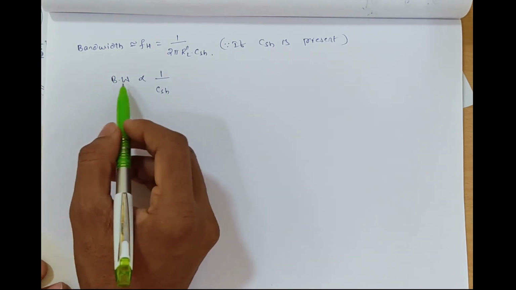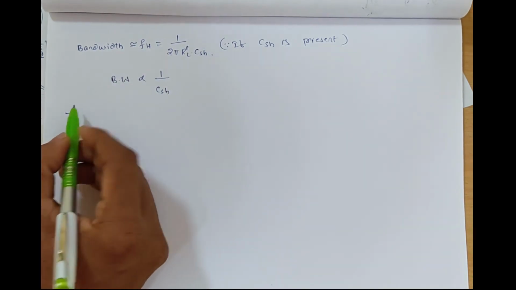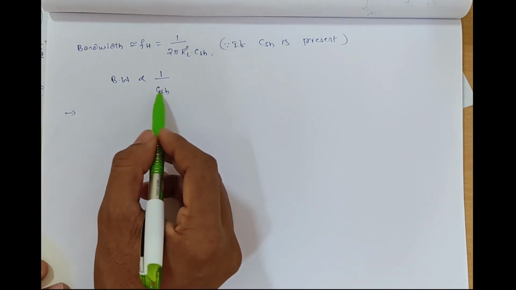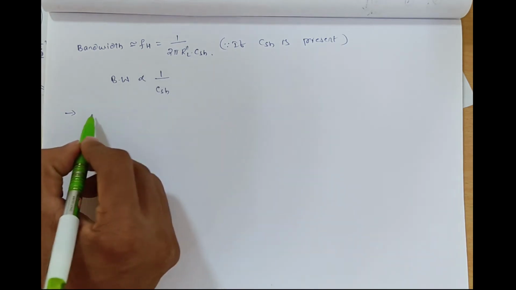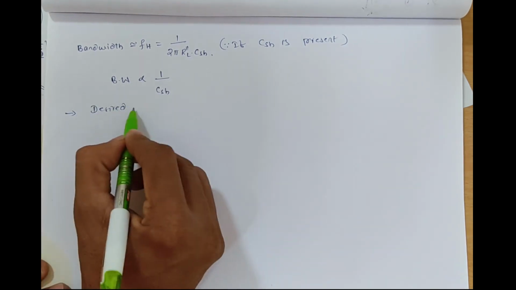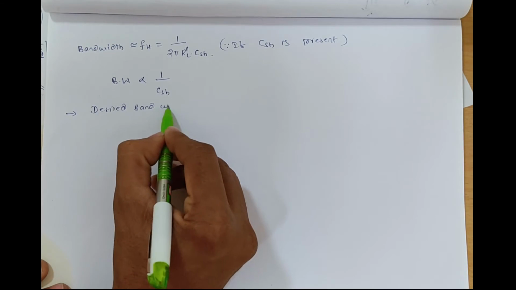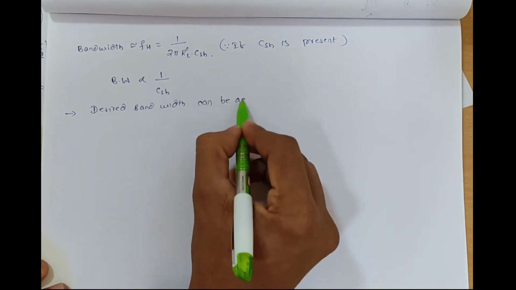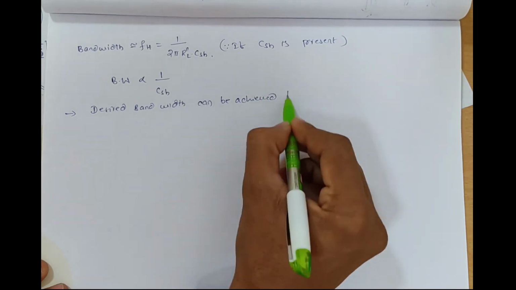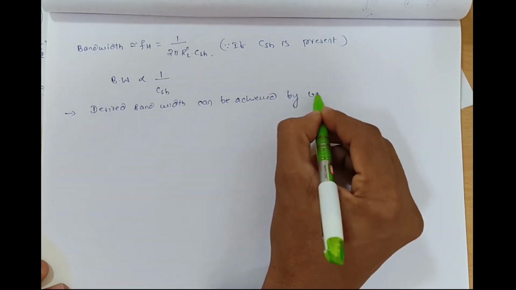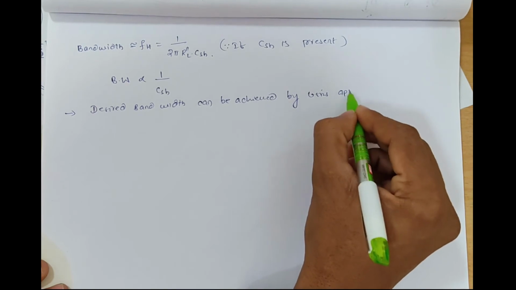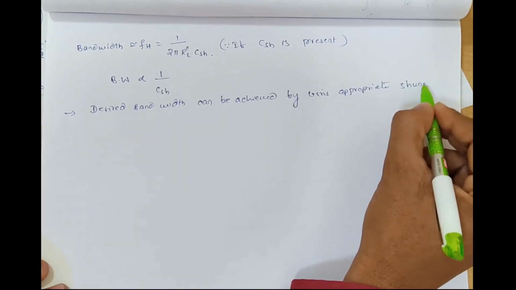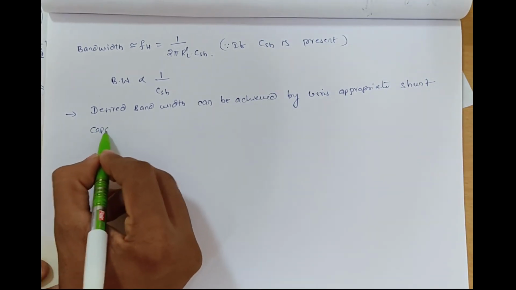So from this we can say the desired bandwidth can be achieved by choosing the appropriate shunt capacitors. The desired bandwidth can be achieved by using appropriate shunt capacitance, that means CSH.